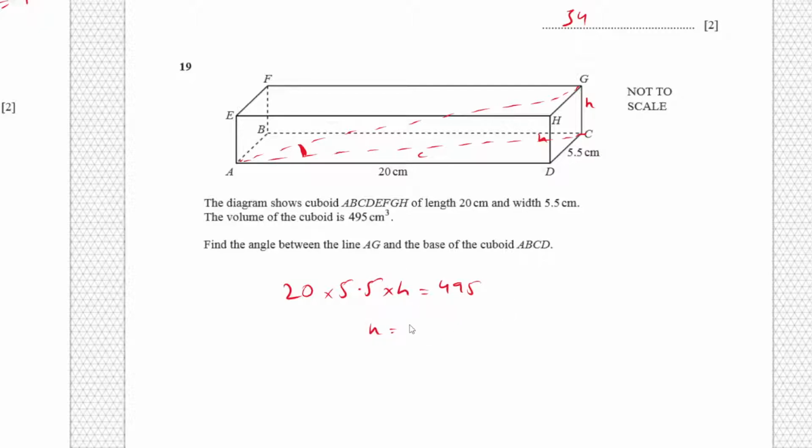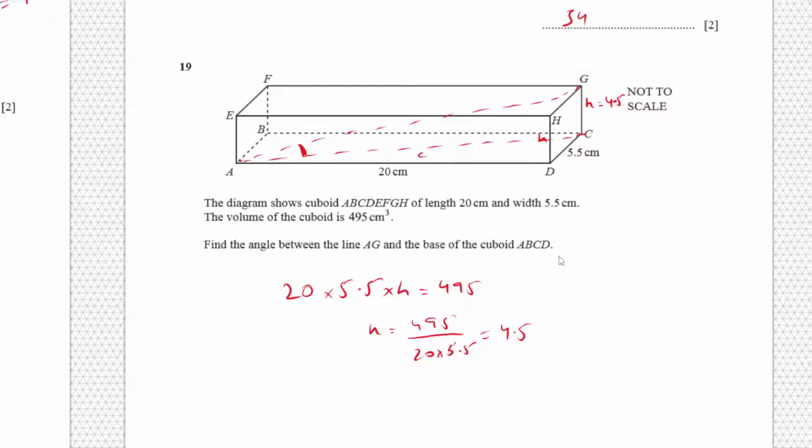To find H, 495 divided by 20 times 5.5 is 4.5. So height is 4.5.